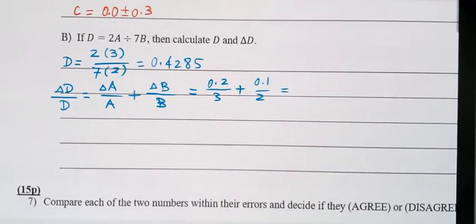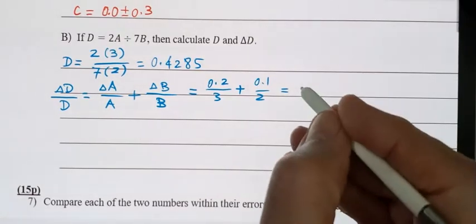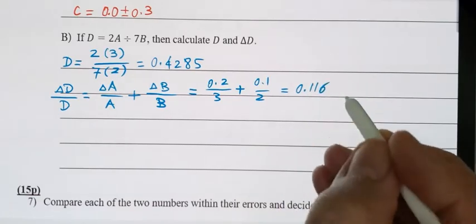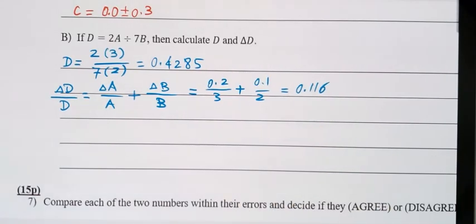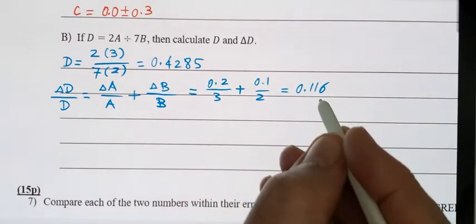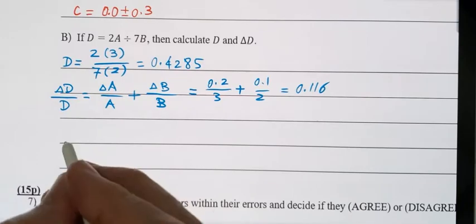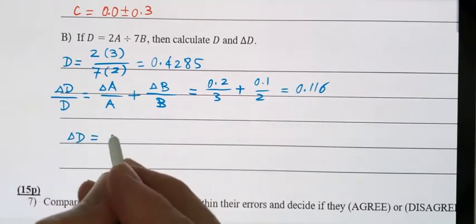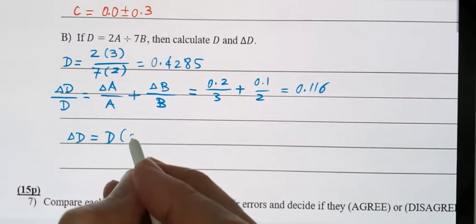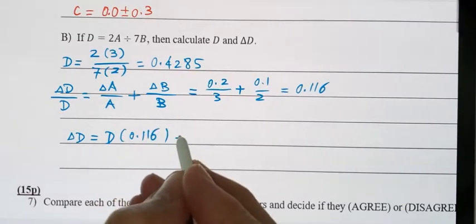We calculate this. 0.116, if I'm not mistaken. I hope not. Now I have D here, so delta D is equal to D multiplied by 0.116.